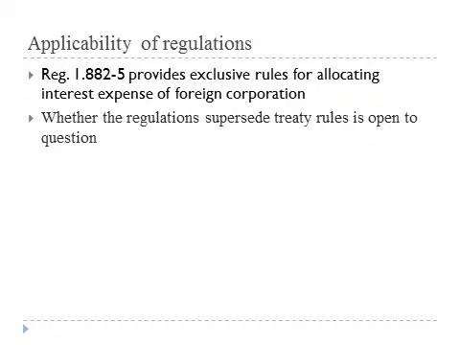Because the regulations provide the exclusive rules for allocating interest of a foreign corporation, the regulations appear to supersede tax treaty rules. Whether the regulations do supersede treaty rules, however, is open to question, as discussed in the text.